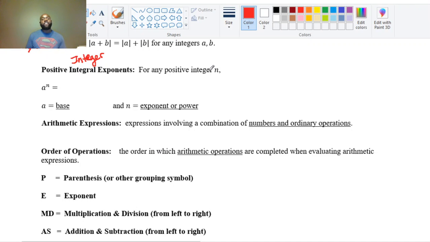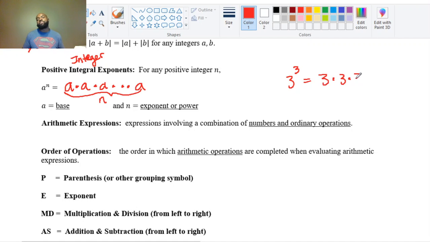For any positive integer n, a to the n is basically a multiplied n times, okay? Where a is our base and n is our exponent. Some people like to use power, same thing, all right? Synonyms, right? And so if I have 3 to the third power, that just means multiply 3 three times, which you get 27.